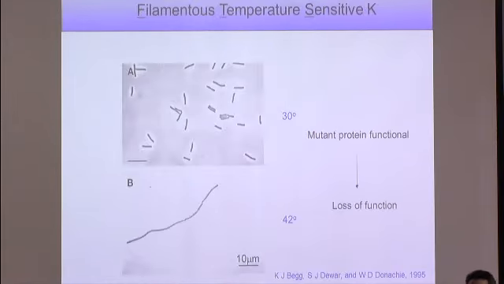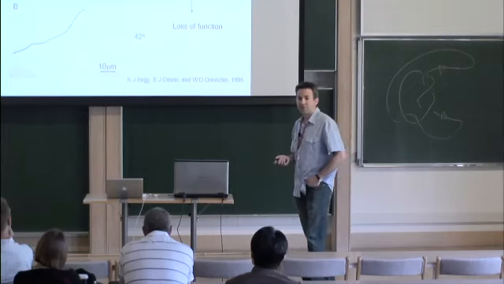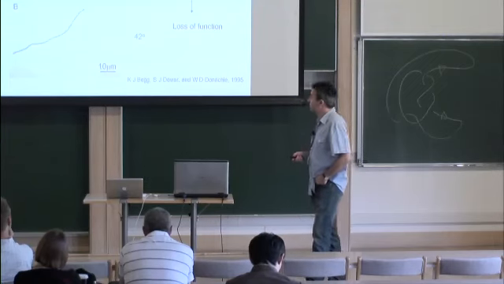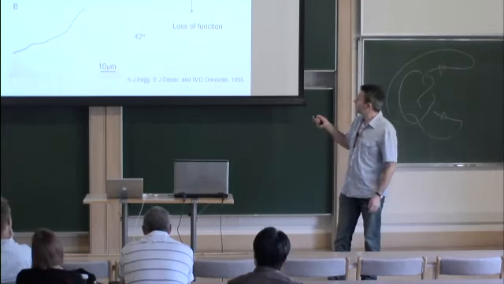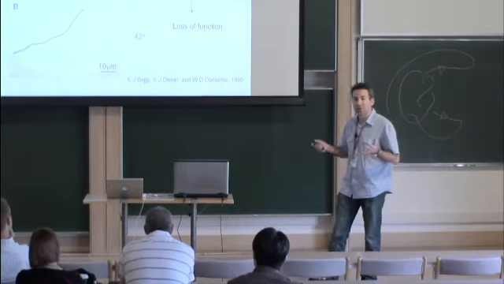And the answer is I don't really know, but I'll give you some kind of hand-waving explanation to try to explain it. So the FtsK protein. FtsK was identified in 1995 in a screen for proteins involved in cell division. So the screen was to make temperature-sensitive mutants which at a low temperature were working and the cells would grow happily.